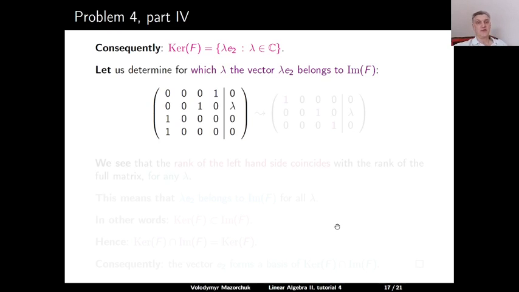So let's determine for which lambda the vector lambda times e2 belongs to the image of F. In order to do this, we need to solve now the non-homogeneous system of linear equations, whose matrix is the matrix of F in the standard basis, and whose right-hand side is the vector of coordinates of lambda e2 in the standard basis.